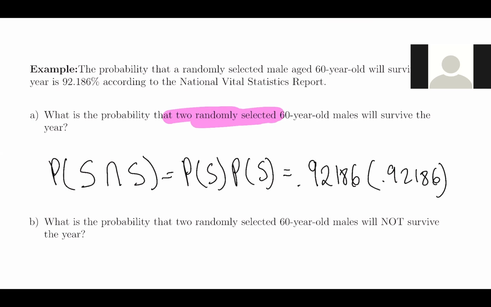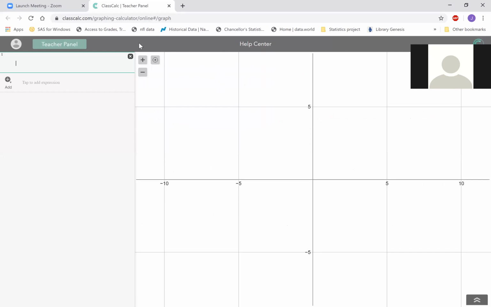So I'm going to go ahead and multiply that. Here, I'll share that on Class Calc. So we'll say 0.92186, and you multiply that by exactly the same thing, 0.92186.